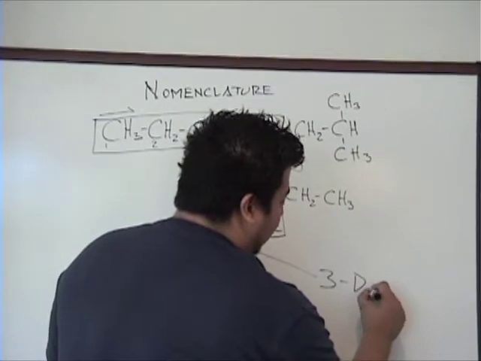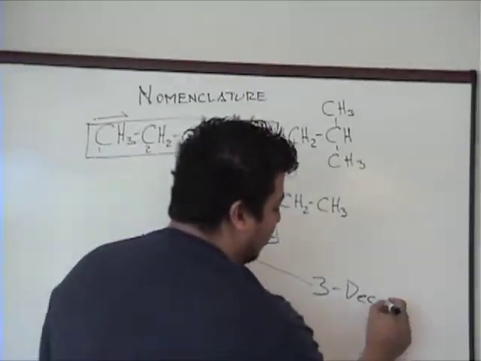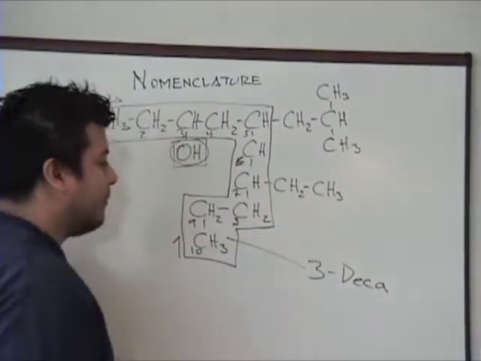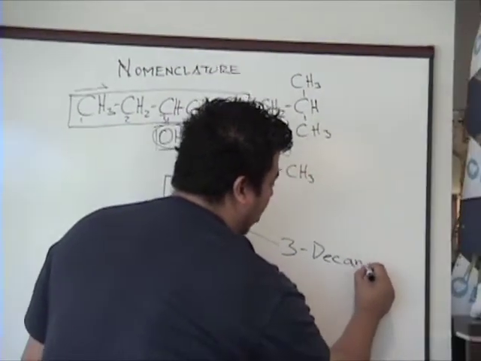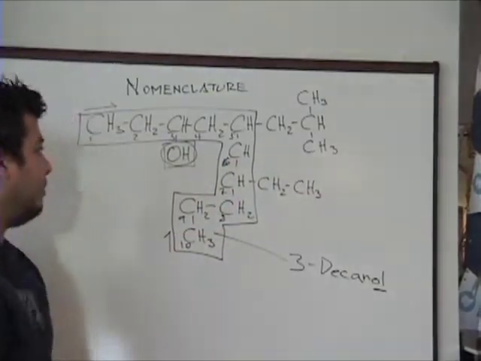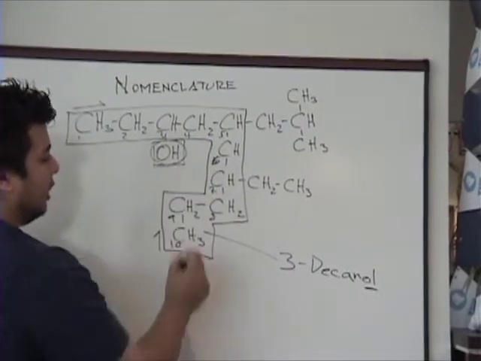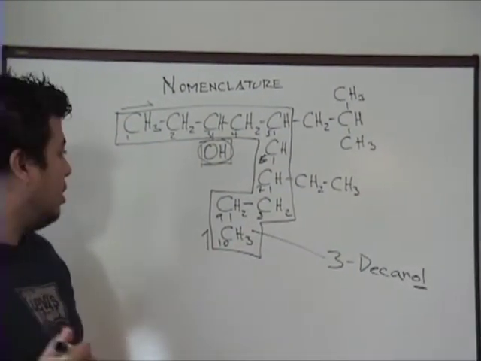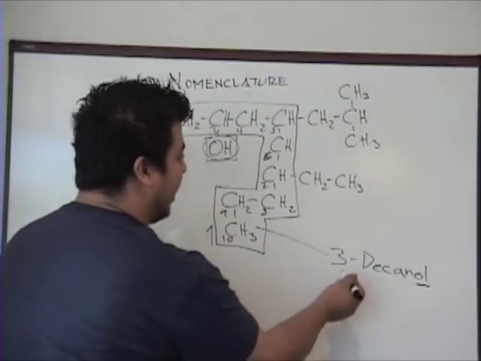So I'm going to write dec. There's only single bonds, so it's going to be a. And then I have the 3, so it's going to be ol. The ol ending refers to the OH. It means that there's a hydroxyl group. So I have my parent chain.